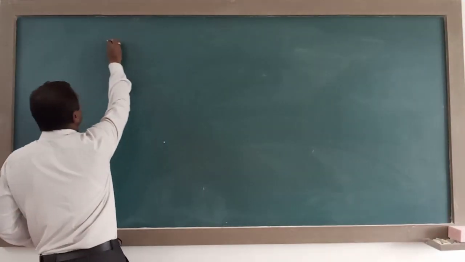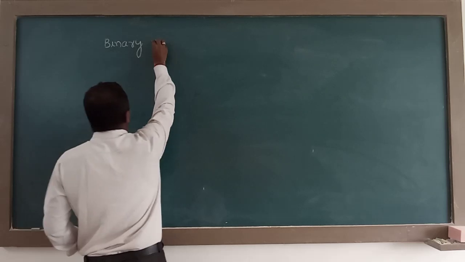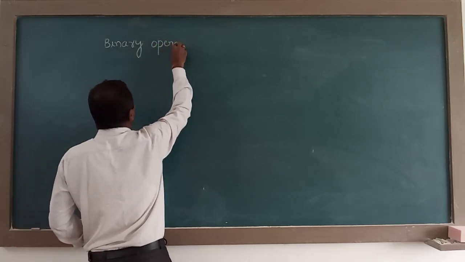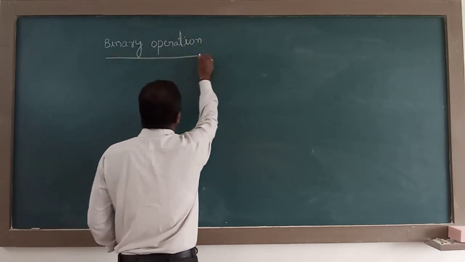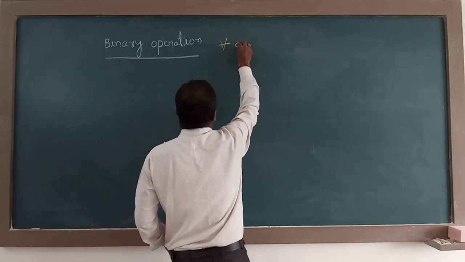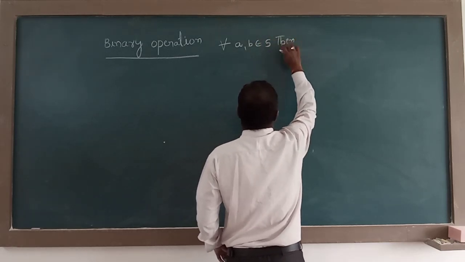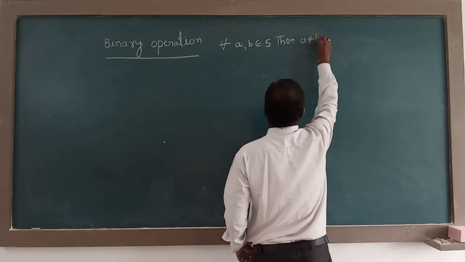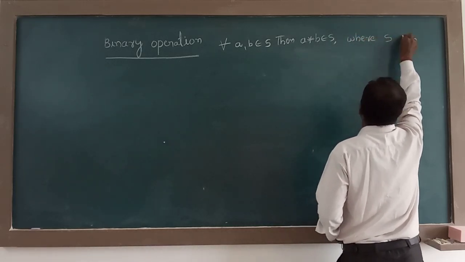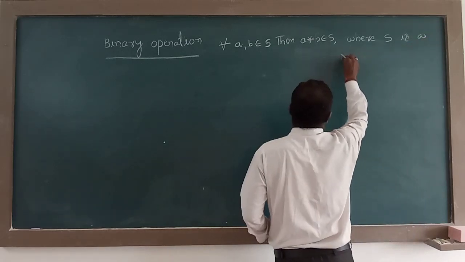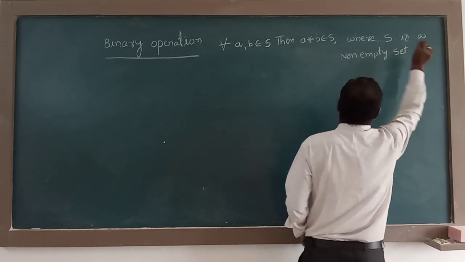Binary operation definition: for all a, b belongs to capital S, a star b belongs to capital S, where S is a non-empty set.